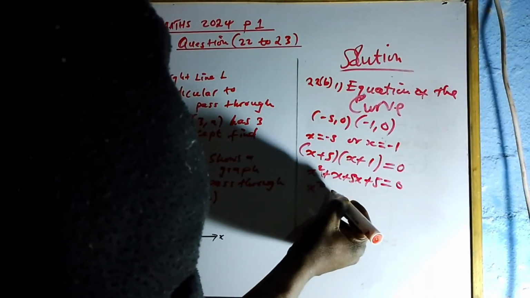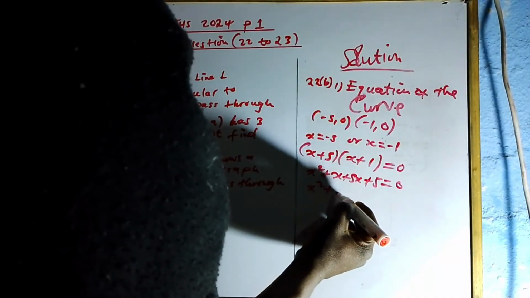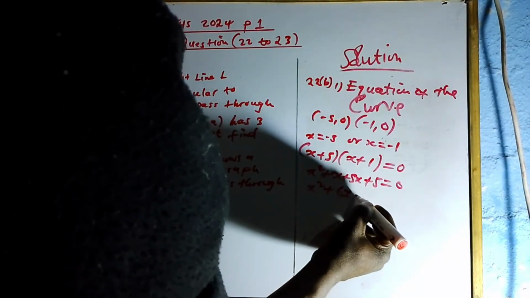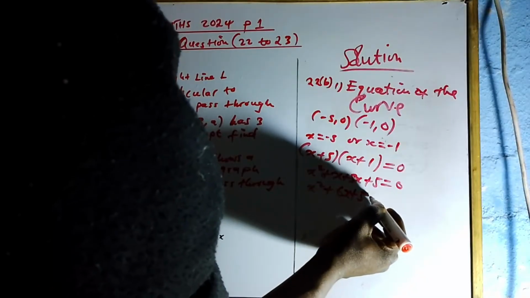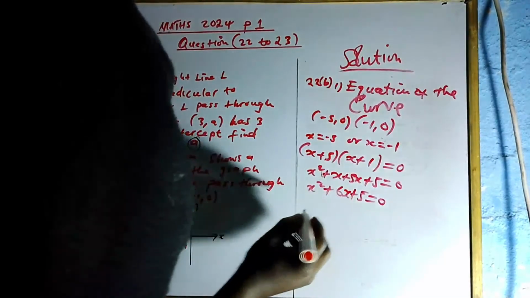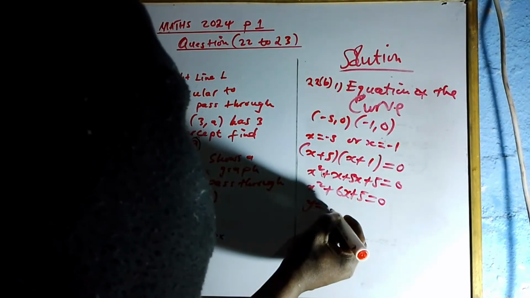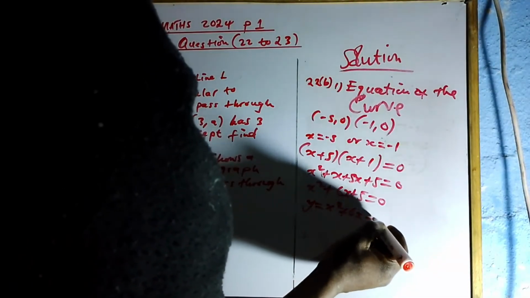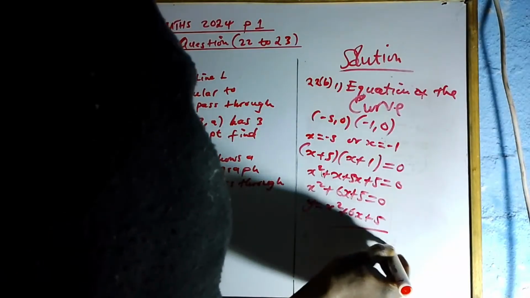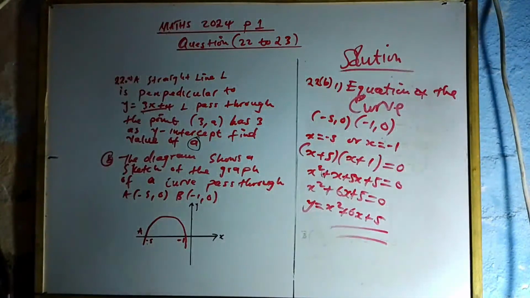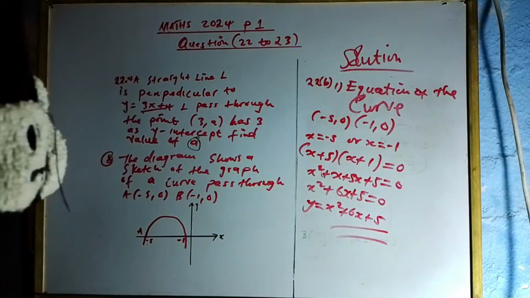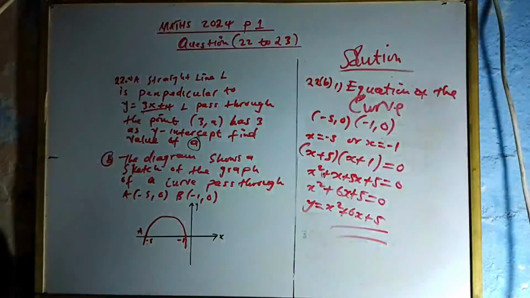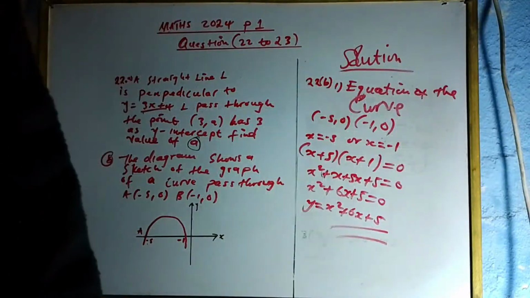So x squared plus x plus 5x, you're going to have 6x, and plus 5, should be equal to 0, but the standard equation is y equals x squared plus 6x plus 5. So this is the equation which they were asking for.